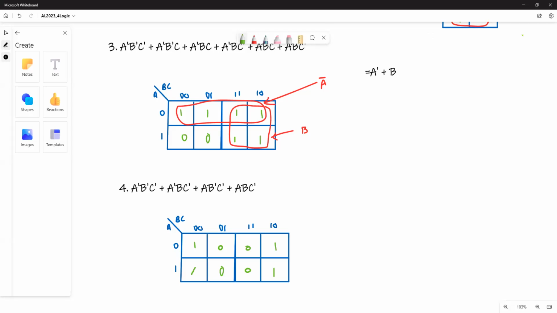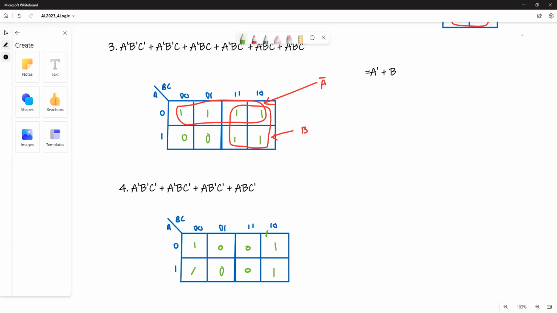You can combine all these 4 together because this cell and this cell have a 1 bit difference. This one and this one, 1 bit difference. This one and this one, 1 bit difference.